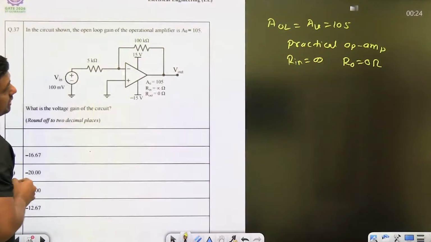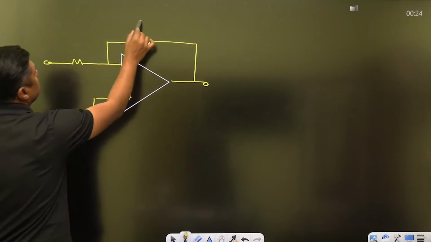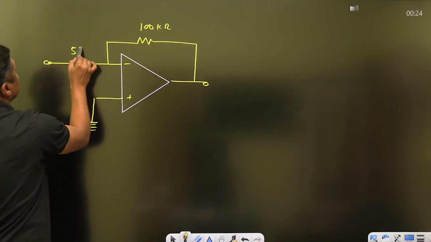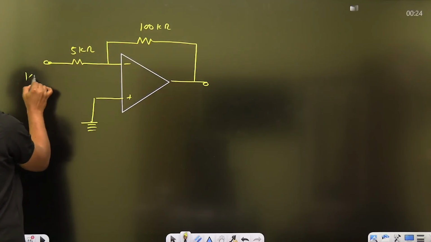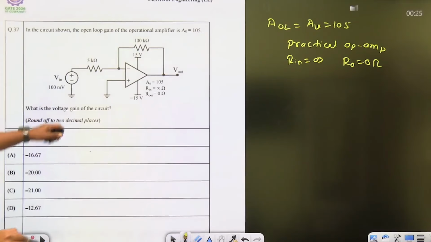Gain 10^5 is given, with supply 15 and minus 15. The input is 100 millivolt. But what is required is the voltage gain of the circuit, not the output. No doubt 100 millivolt is given, but the voltage gain of the circuit is what is asked.